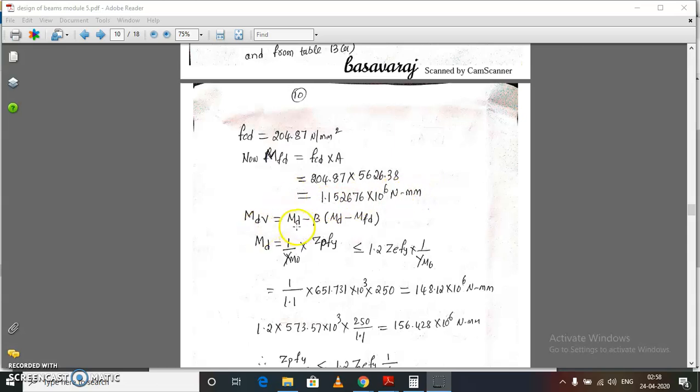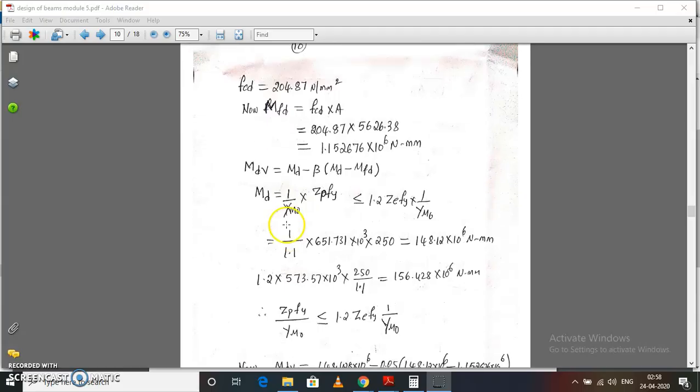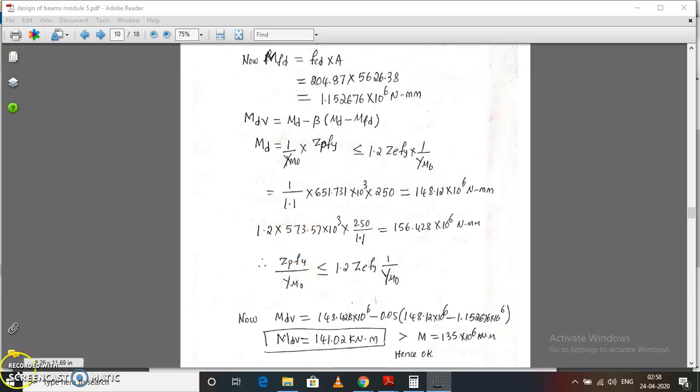Now MdV equal to MD minus beta into MD minus MFD. So MD equal to Zp fy by gamma m naught. If we calculate, MD works out to be 148.12 into 10 power 6 Newton millimeter, and now you calculate the MdV value.